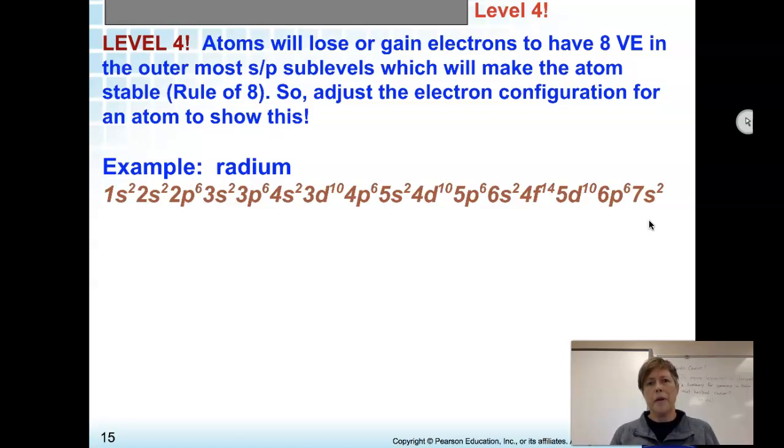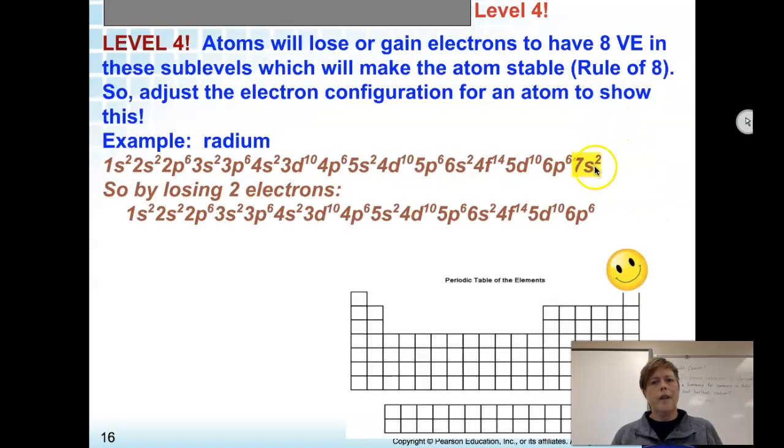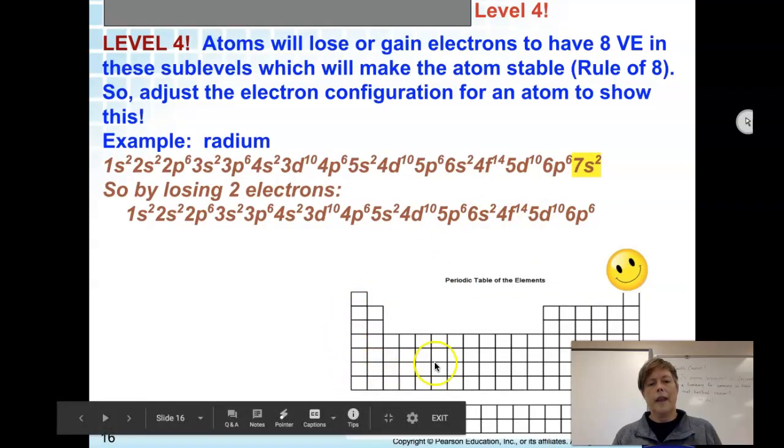It's preferable for radium then to lose 2 electrons. So when it loses 2, it will have 6s2 and 6p6, which puts it in that stable, very happy column.